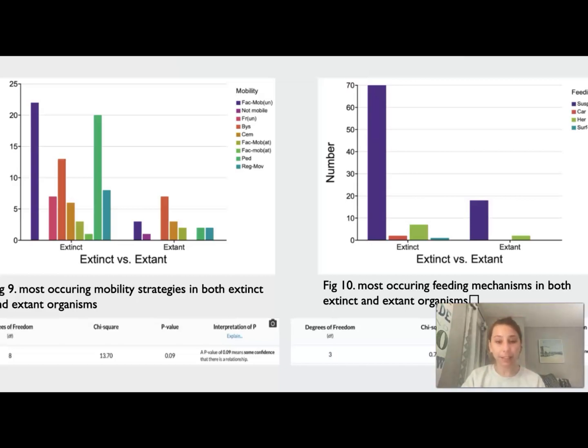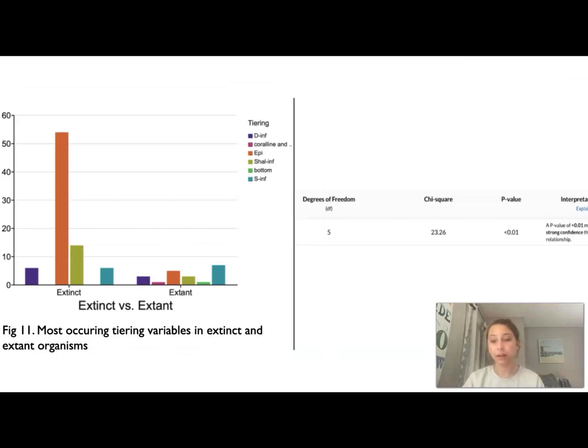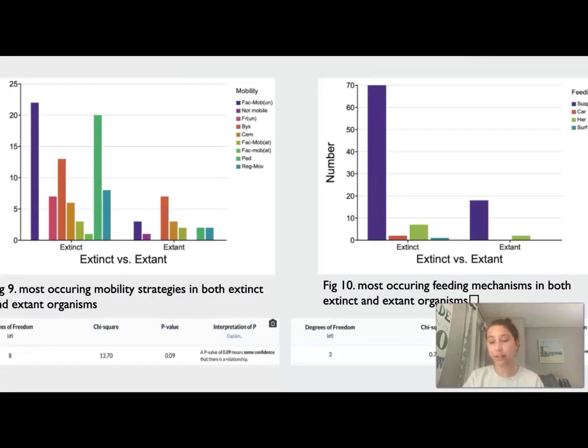And for the one that was extant, the one here is byssate, and that means that they were able to move only slightly. And then after I ran a chi-square analysis test, I found a p-value of 0.09, and this means that there's some confidence that there is a relationship, or that mobility was a prominent characteristic in determining survival of ocean acidification.